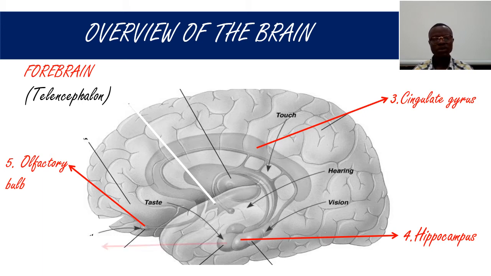Also, though it is located in the basal nuclei, I would also love to highlight the amygdala nucleus that can be seen in this section of the brain.